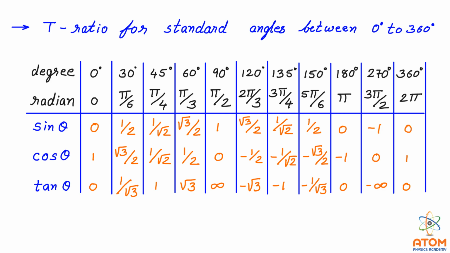The same way, the magnitude of 45 and 135 is the same. 1 by root 2 here, 1 by root 2, 1 by root 2 here, magnitude 1 by root 2, magnitude is 1. And the magnitude of 30 and 150 degree is the same.